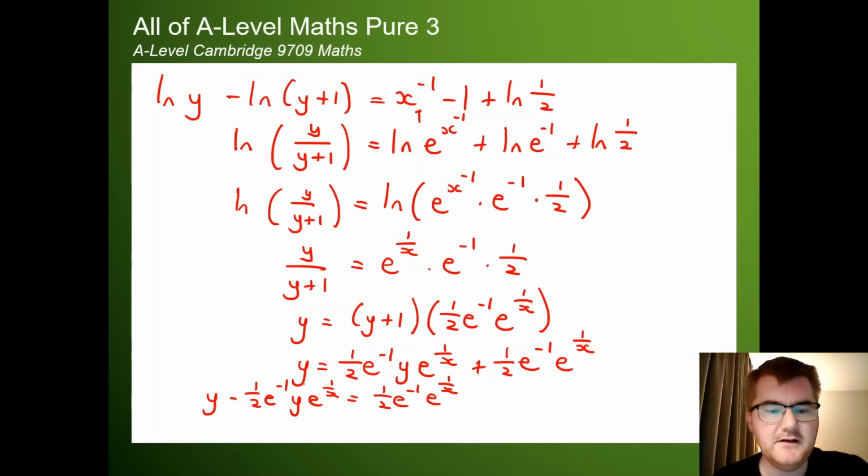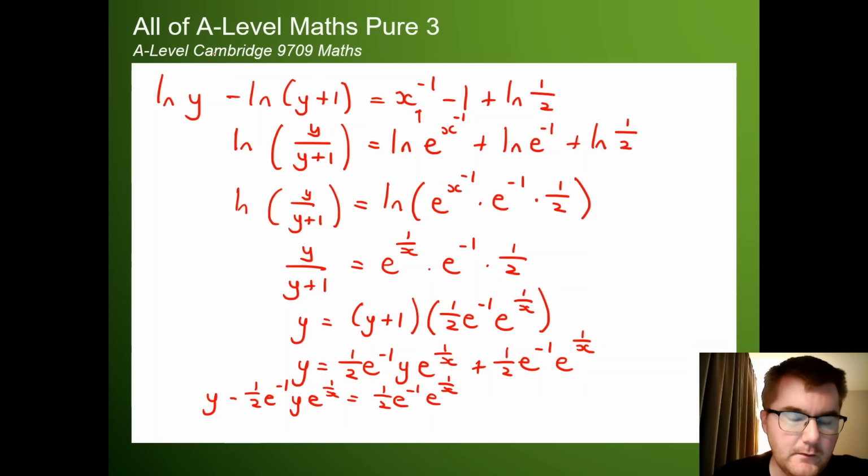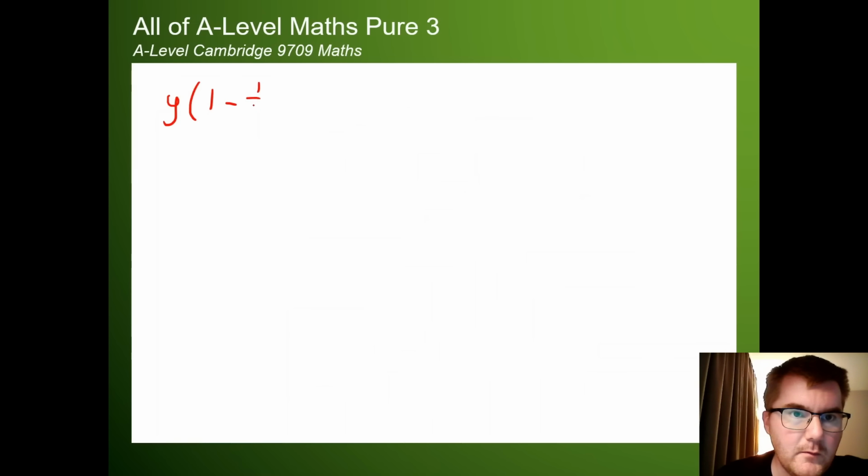Okay, I'm going to combine some of these indices already. Then we take out a factor. I'm probably going to need more room. Yeah. So we have y open brackets 1 minus 1 half e to the power of minus 1.